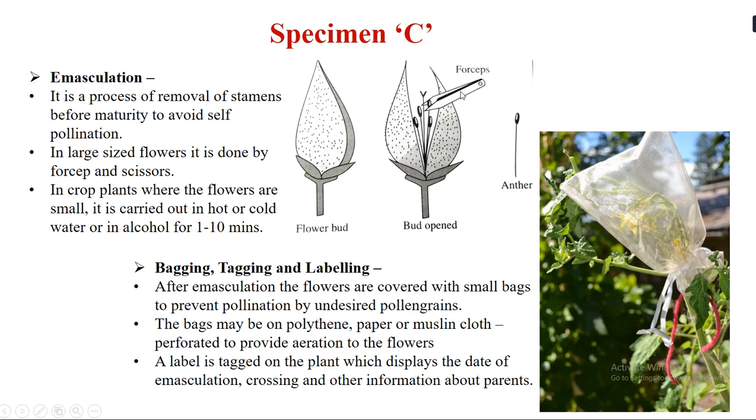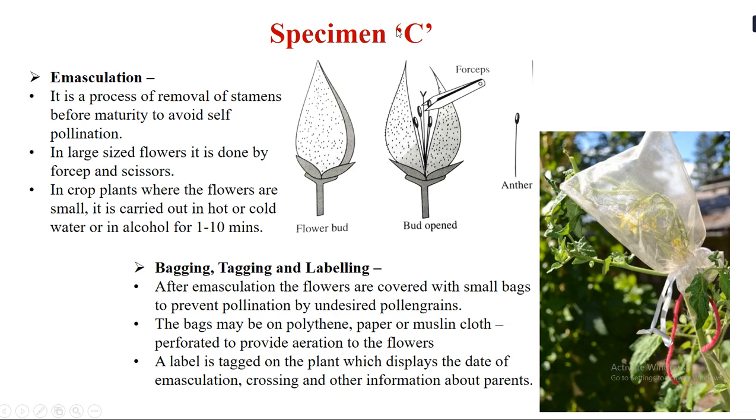And when there are small flowers, such as in crop plants like sorghum or paddy, where the flowers are very small, the emasculation process is carried out in hot water or cold water, or it is also carried out in alcohol for 1 to 10 minutes. So this is the process of emasculation, where the stamens are deliberately removed before the maturity of the flower to avoid self-pollination.